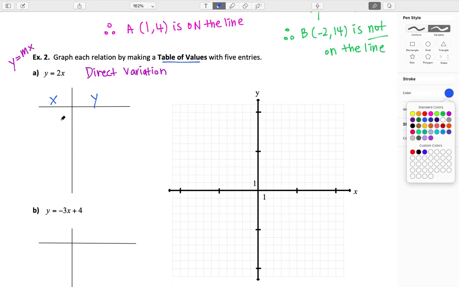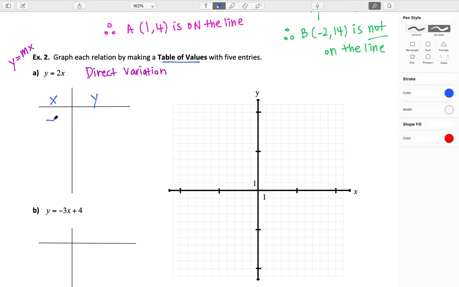Let's plug in. For x, I can plug in, let's do 3 points: -1, 0, and 1. And for y, I will be plugging in 2 times -1, which is -2. 2 times 0 is 0, and 2 times 1 is 2.